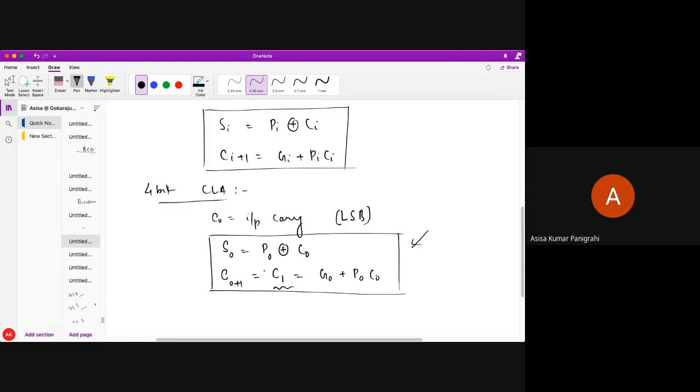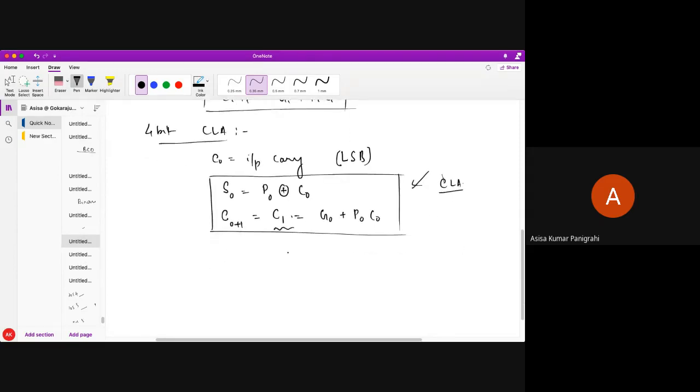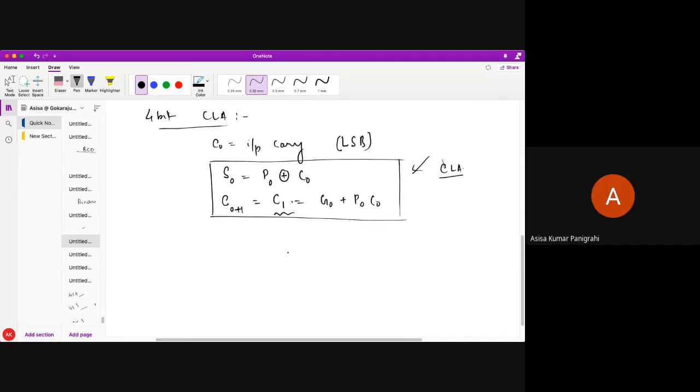That's why it's called a carry look ahead adder.